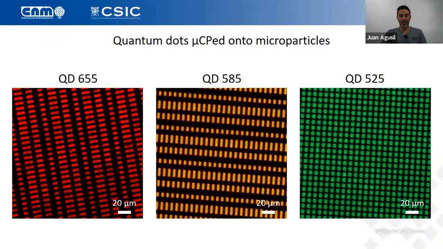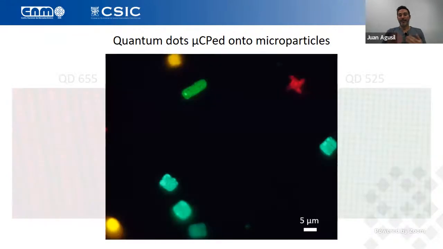If you can imagine, these microparticles are raised. So if you have a flat substrate, you would just obtain a homogeneous modification of your substrate. We can liberate these microparticles, and it's a robust covalent bond which maintains the quantum dots in their original position.